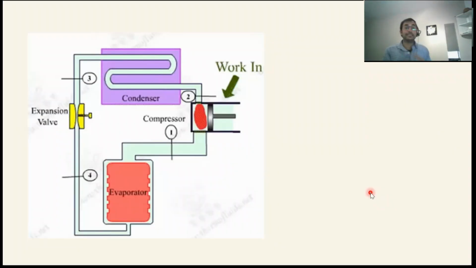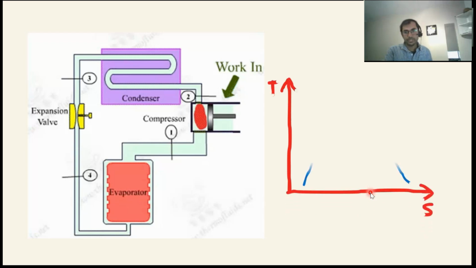Now the refrigeration cycle diagram we have discussed is the ideal case, but in actual operation it is not the same. There will be some losses. Let's try to understand it in our TS diagram. This is the pressure line.